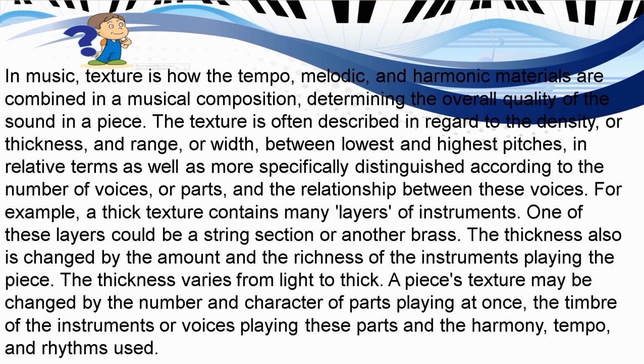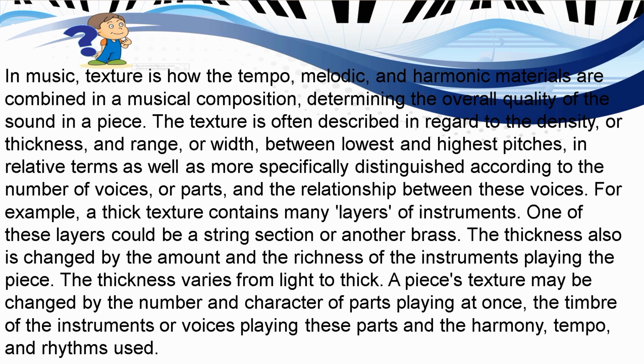Okay? So for example, a thick texture contains many layers of instruments. One of these layers could be a string section or brass. The thickness is also changed by the amount and the richness of the instruments playing the piece. The thickness varies from light to thick.